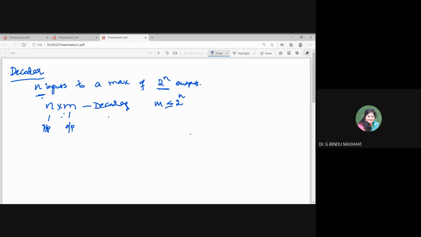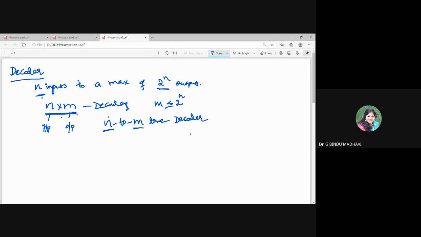So you can call this type of decoder an n to m line decoder or n by m decoder. Here n represents the number of input variables, whereas m represents the number of output variables.